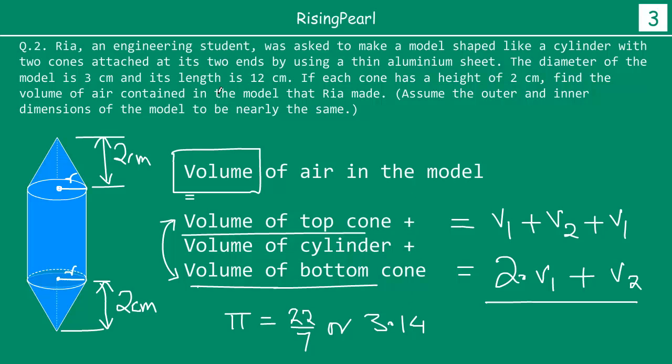So friends, this was one question where we looked at how first we have to visualize how our solid should look, and then finding volume simply means that you add the volume of the individual components to find out the total volume of the solid.